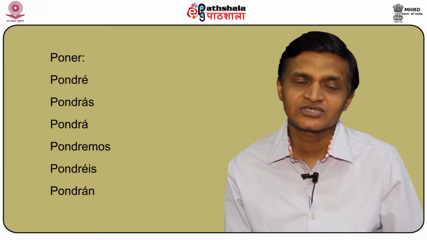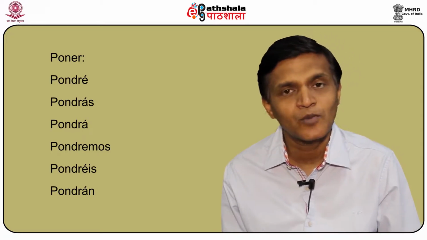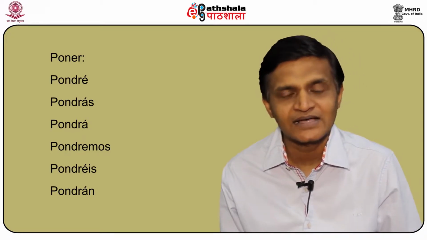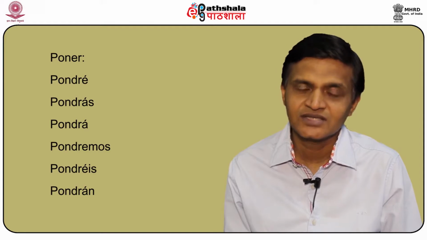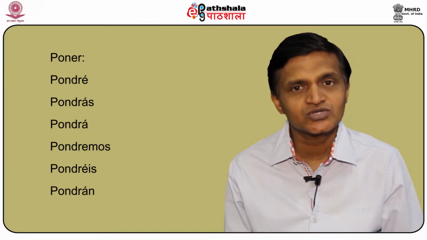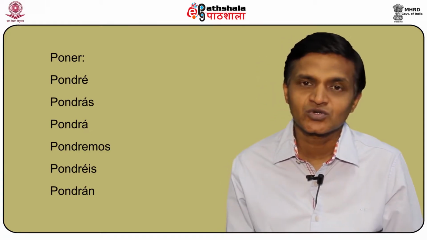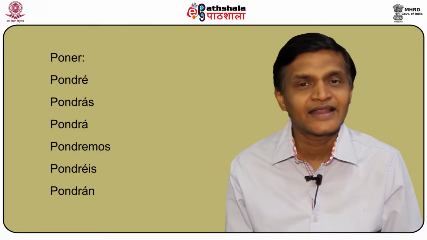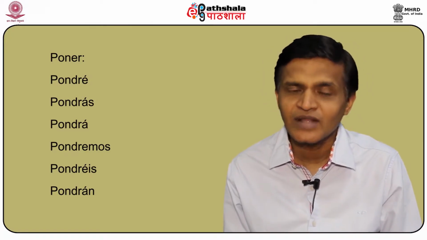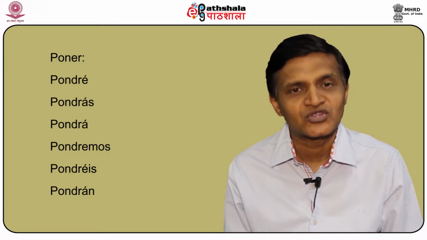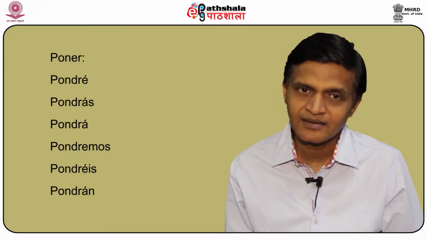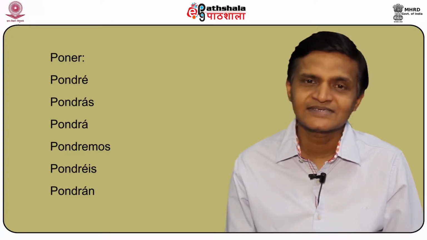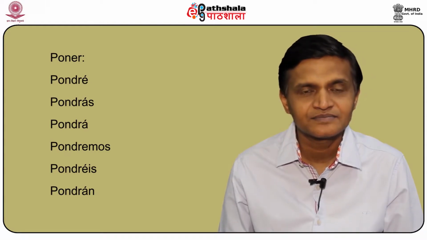So, we have the conjugation in the following manner. Yo pondré, tú pondrás, él, ella, usted pondrá, nosotros pondremos, vosotros pondréis, and ellos, ellas, ustedes pondrán. I repeat, pondré, pondrás, pondrá, pondremos, pondréis, and pondrán.